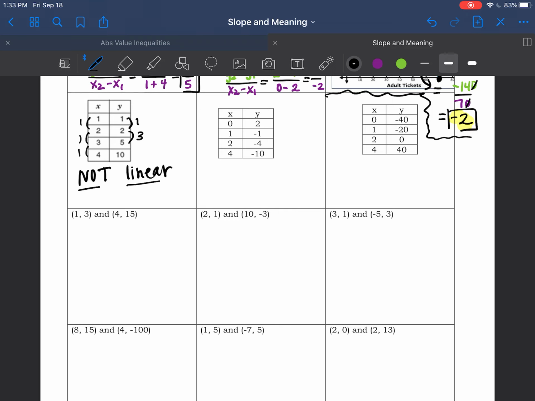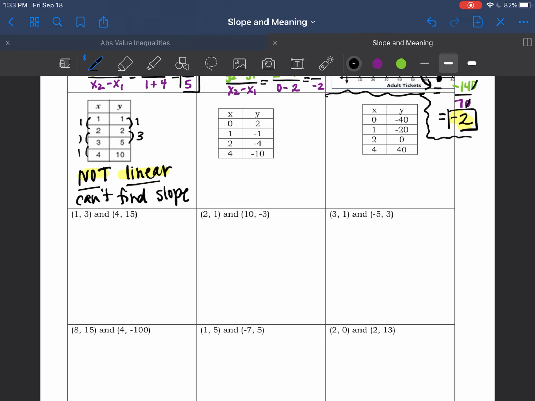This is a trick question. You can't find slope. Slope is only for linear. This is unproportional or nonlinear. Okay, I'm going to highlight that because that's our answer.